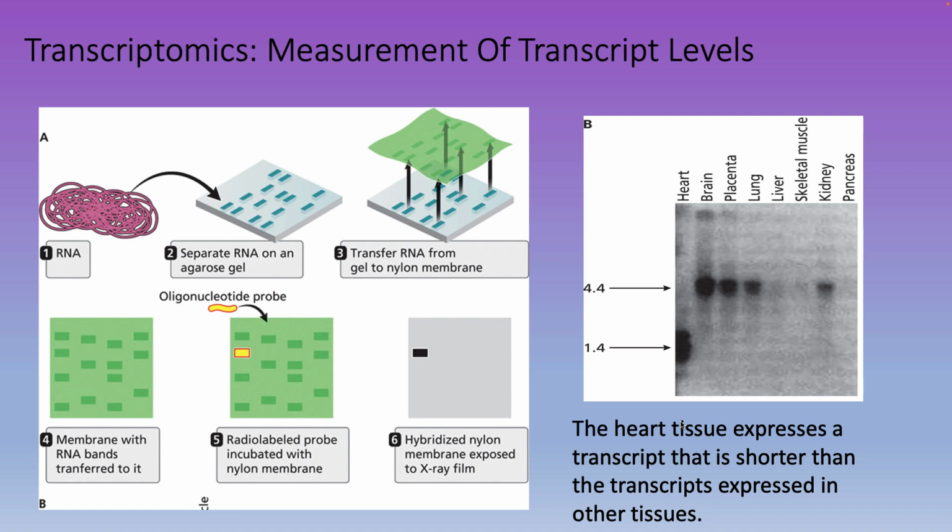So this shows that we have an alternatively spliced transcript active in this case. These days, I think the place where I see northerns used more frequently would be in the identification of things like small RNAs and non-coding RNAs in certain samples.